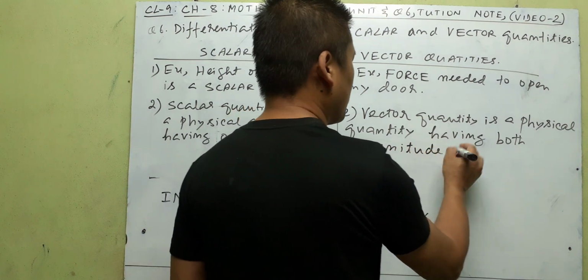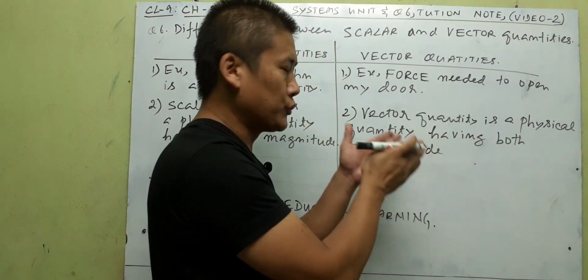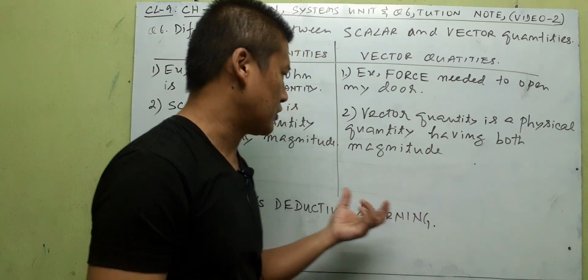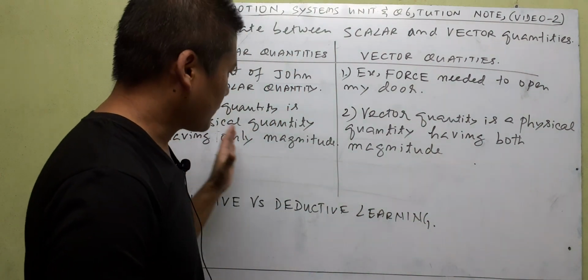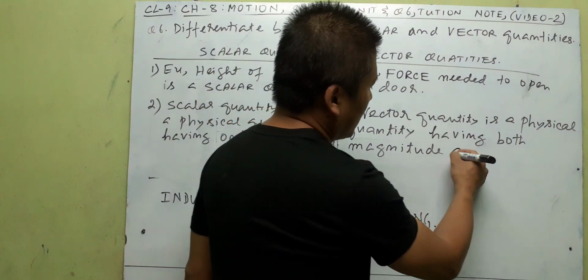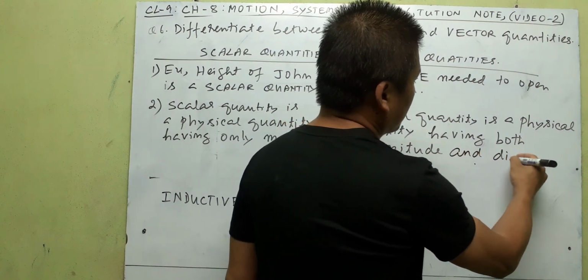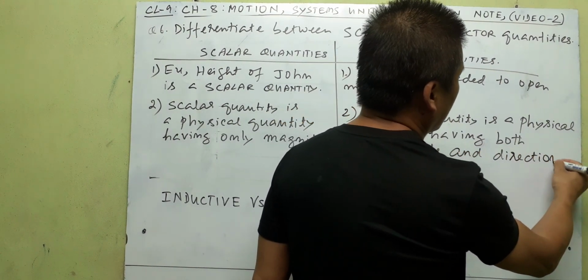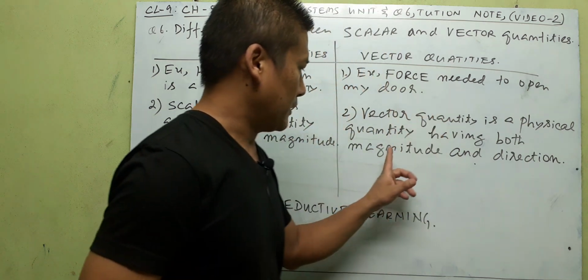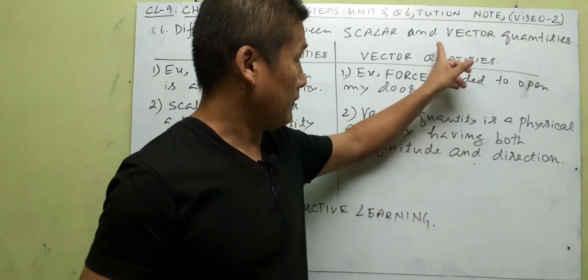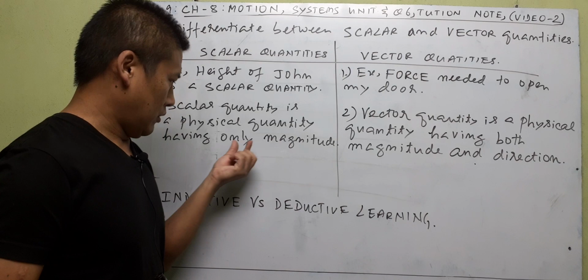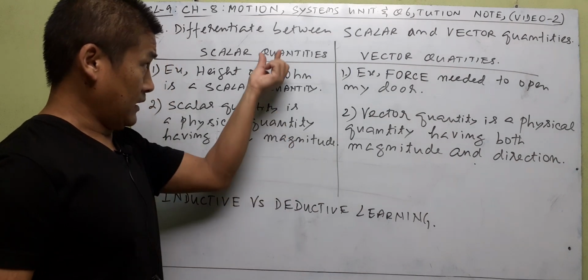The magnitude is so important. Magnitude means 10 Newton, 20 Newton; that numerical value is called the magnitude. So both of these together define a vector quantity. Magnitude plus direction define a vector quantity. Magnitude alone can define a scalar quantity.